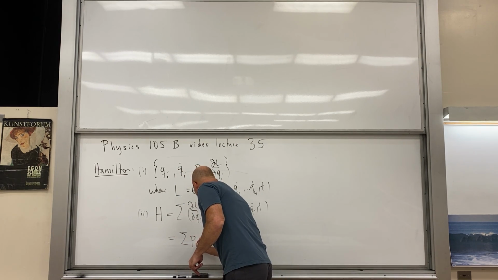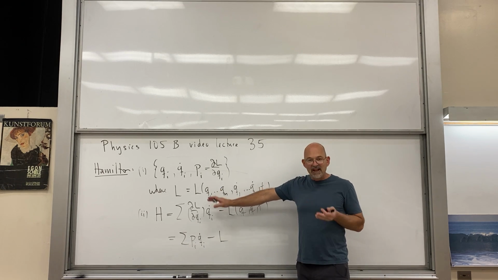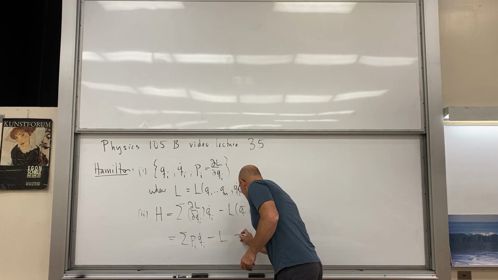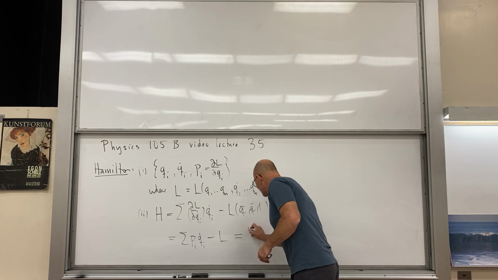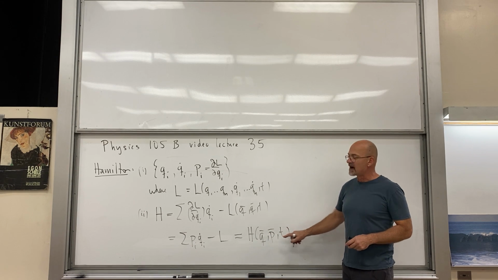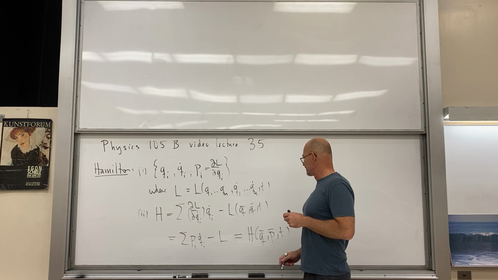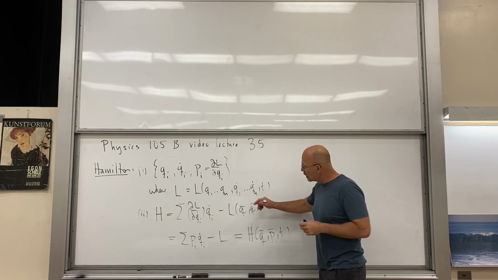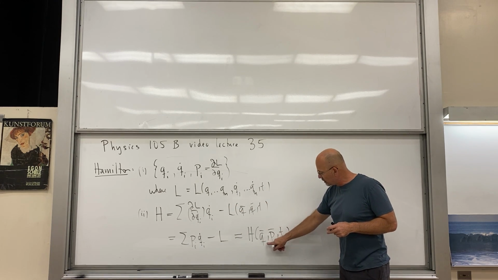We call that P sub I, Q sub I dot minus L. But yeah, we construct the energy, and then by means of essentially an algebraic transformation, we express this only in terms of coordinates, momenta, and time. In other words, there can be no Q dots in here at all. It really has to have been turned into Q, P, and T.